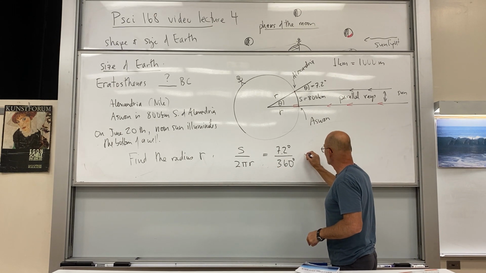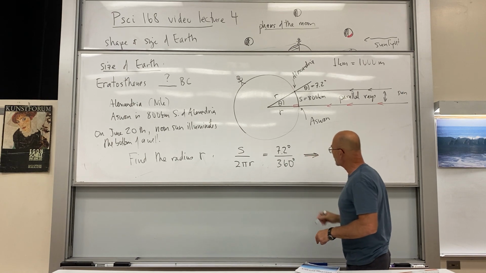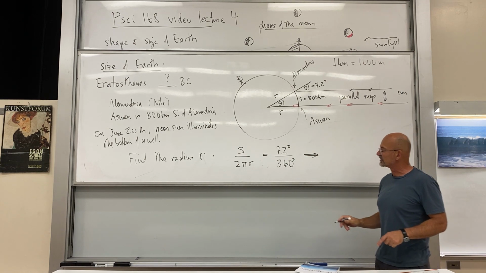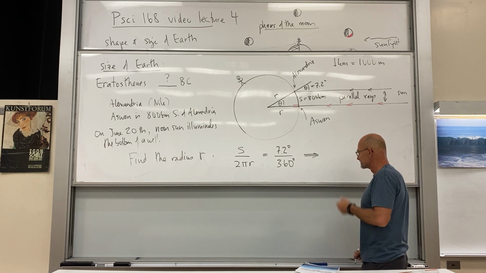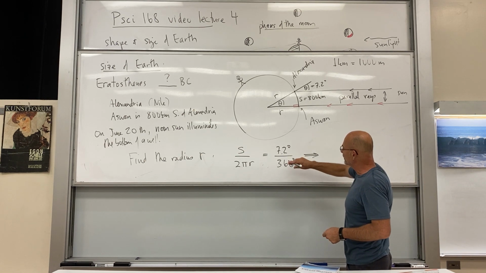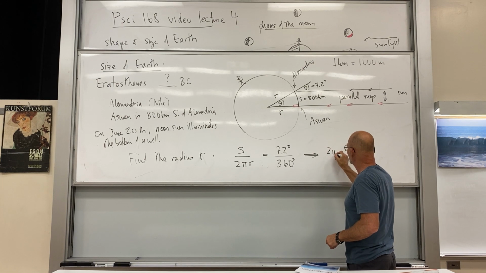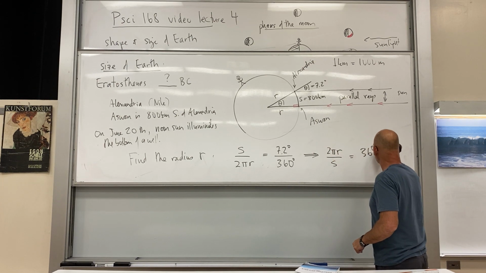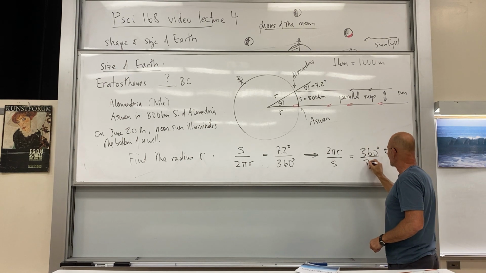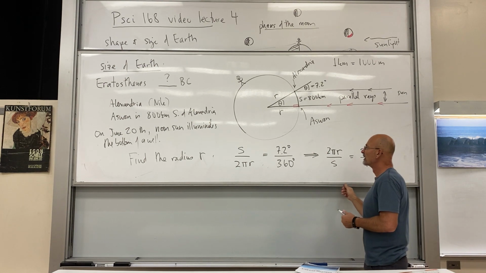Okay. Now, you want to get as much practice as you can in the semester doing these kinds of little algebra problems. And there are many ways to do them. First, we could just flip both sides. 2 pi r over s is equal to 360 degrees divided by 7.2 degrees.